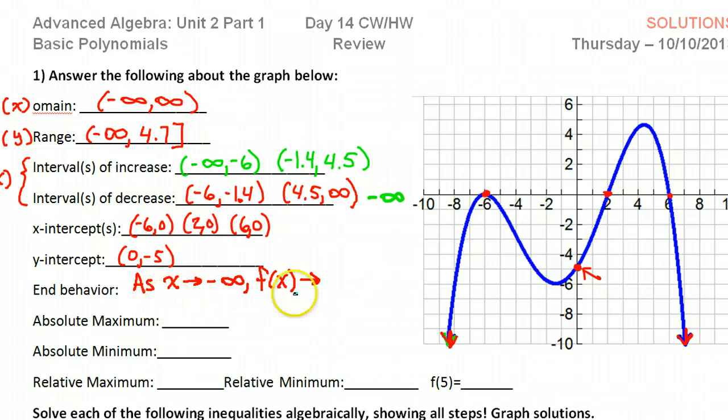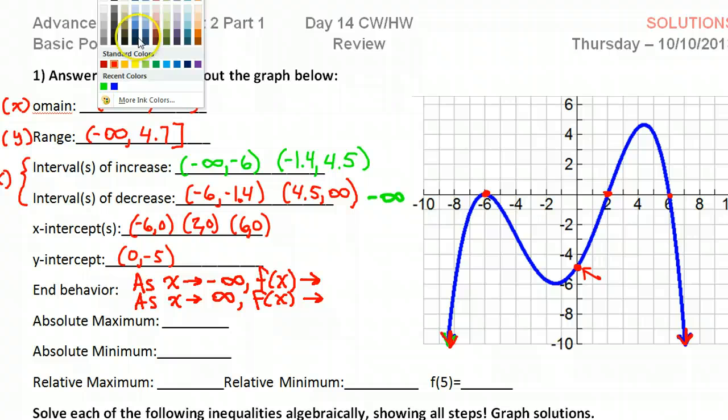And that never changes. And then we'll say as x approaches positive infinity, because now we're talking about the right hand side, so we say positive infinity, f of x approaches. Everything I just put in red never changes. All of that is the same for every end behavior problem.